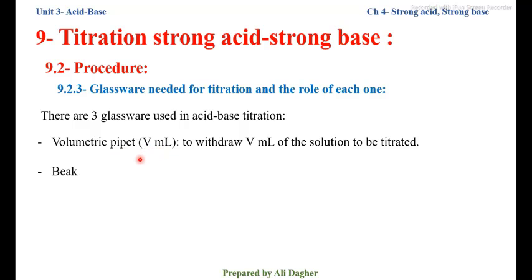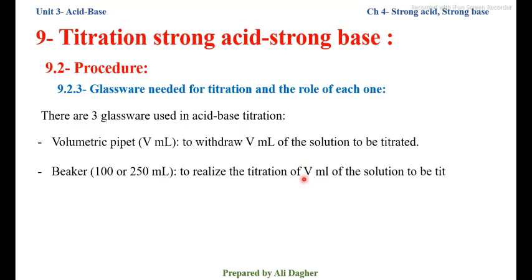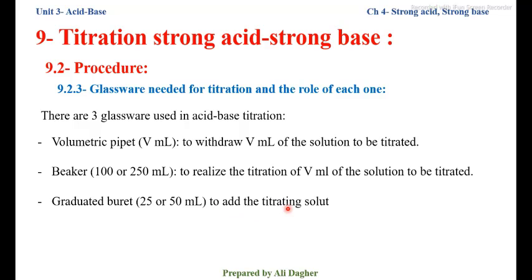Beaker of capacity 100 or 250 milliliters to realize the titration of V milliliters, 20 milliliters, of the solution to be titrated. The reaction of titration takes place inside the beaker. Graduated burette 25 or 50 milliliters to add the titrating solution.